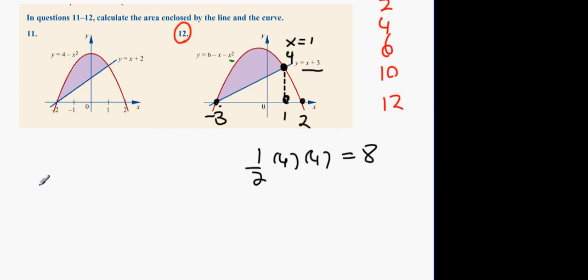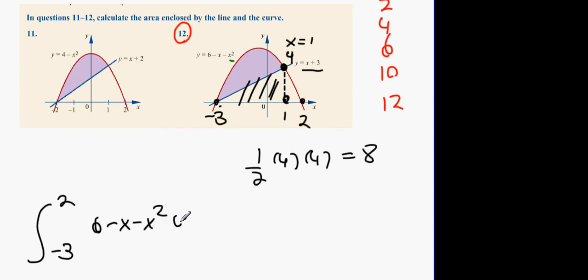Alright, so here's what we're going to do. I'm going to pretend, like I said earlier, that the line doesn't exist. I'm going to get the full shaded area here. This full shaded area is going to be the integral from -3 to 2 of 6 - x² dx. I'm then going to take away 8, haven't I? But here's another way of getting 8. It's the area underneath the line here.